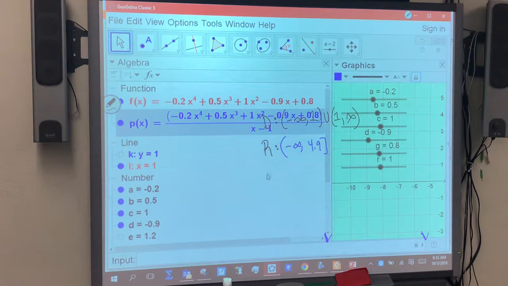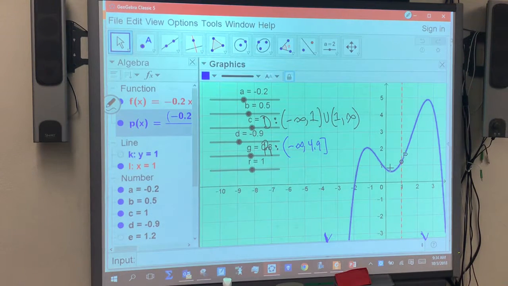This is the algebra, that blue stuff. I can't move my domain and things right now, but that blue stuff would be the algebra to produce that blue curve, with a hole right here at P. Does that make sense, everybody?